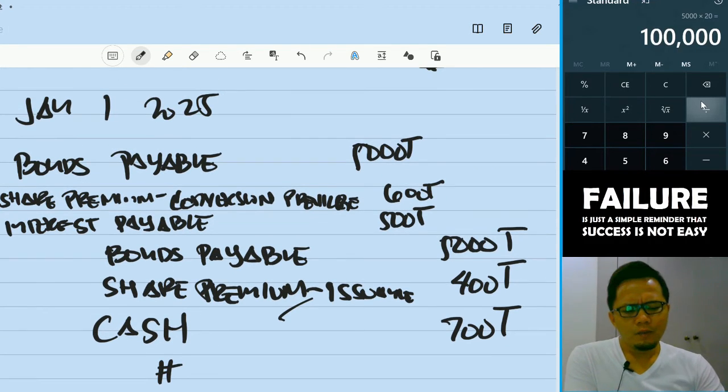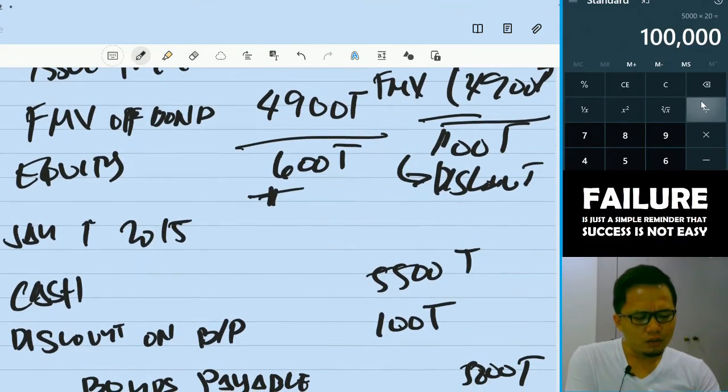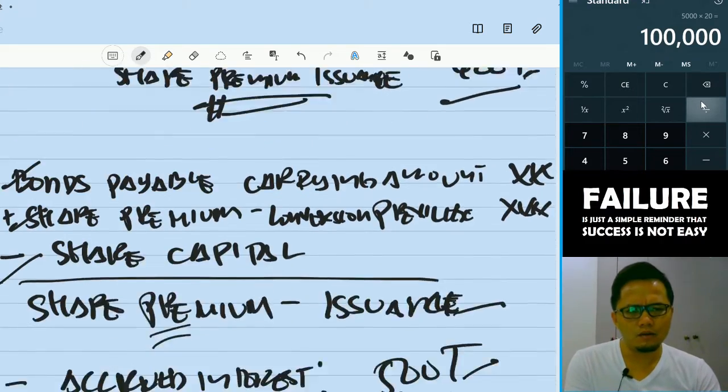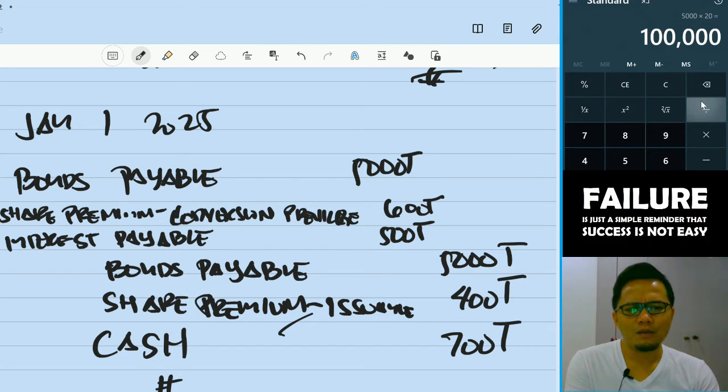Now, you may notice, why do we no longer record the discount on bonds payable, which originally, on issuance date, on January 1, 2015, we debited? Why is it not in the conversion entry? Obviously, on maturity date, which is the date of conversion, there is no more discount or premium to amortize because it is fully amortized on maturity date.